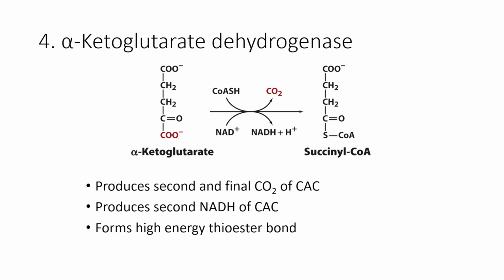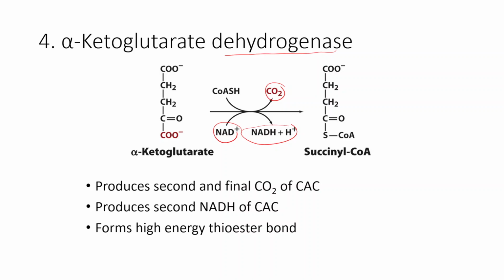So alpha-ketoglutarate was the product of our last reaction. Again, we have a dehydrogenase going on, so we know we're having a redox reaction. So once again, we have our second reduction of our electron carrier, accompanied by an oxidation, as well as another loss of a carbon dioxide molecule.